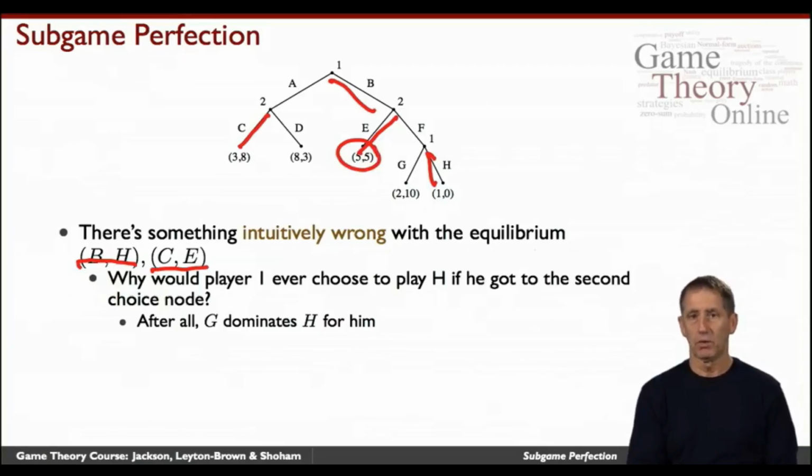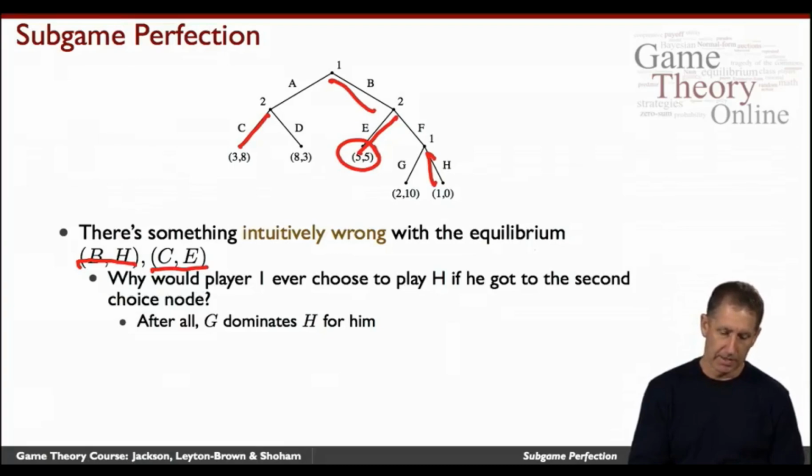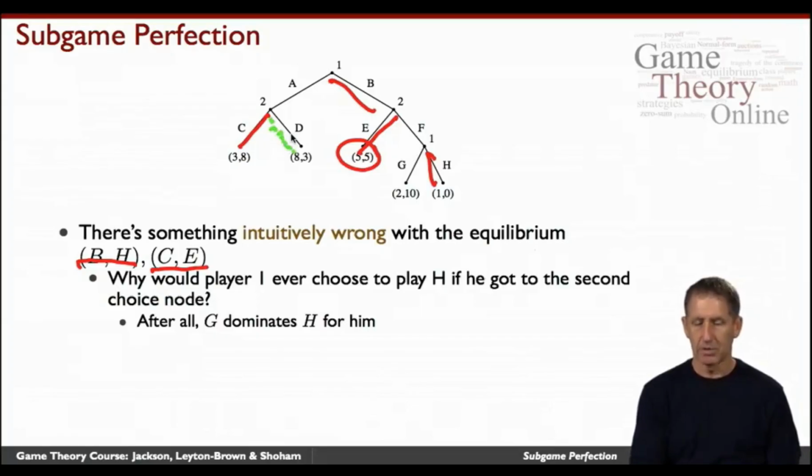So let's hold player 1's strategy fixed and see if player 2 can profitably deviate from their current response. Well, what can they do? They can say, instead of going C, I would go D. They could say that, but that wouldn't impact the outcome at all, given that player 1 is going down B, and so that's not a profitable deviation, it wouldn't change the payoff to player 2.